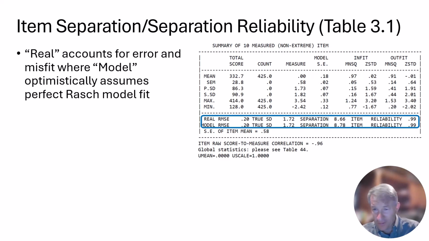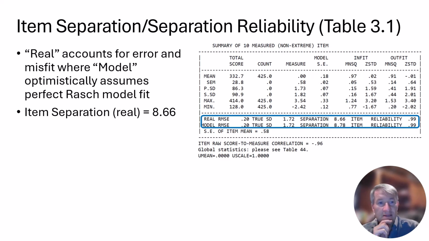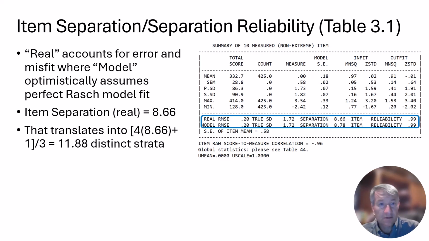So as a result, we're going to take the conservative approach and interpret the item separation from the real row. And we see that that value is 8.66. So doing the arithmetic to translate that value into the number of statistically distinct strata, you see the arithmetic suggests that there are almost 12 distinct strata, which is quite good.